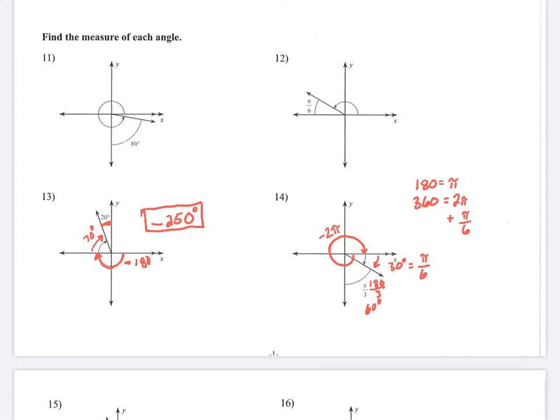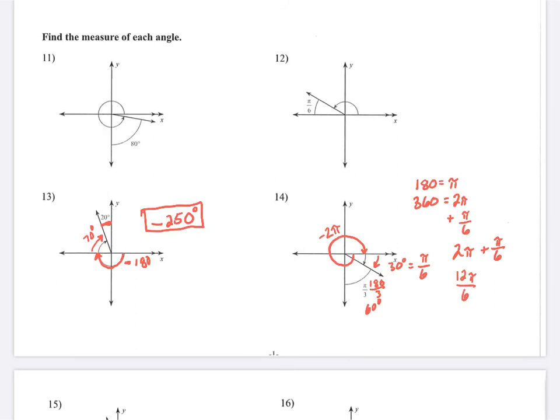Now, if you want to get this perfect here, we have to have common denominators to add these together. So 2 pi in sixths would be the same as 12 pi over 6.